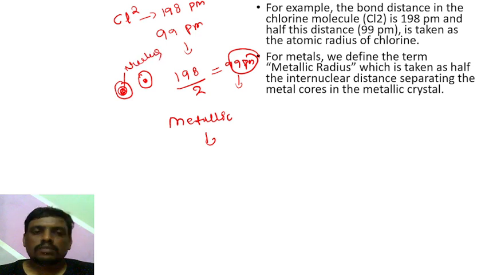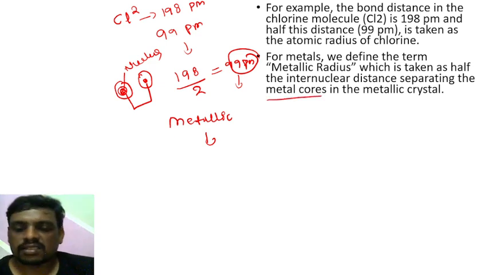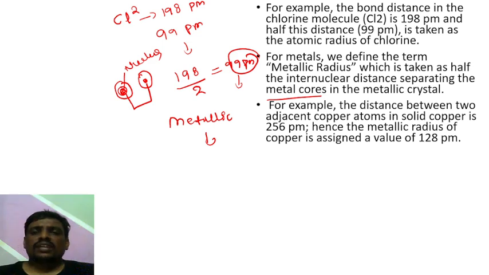So the distance between two atomic nuclei is called internuclear distance, separating the metal cores in the metallic crystals. For example, the distance between two adjacent copper atoms in solid copper is 256 pm. Hence, the metallic radius of copper is assigned a value of 128 pm.